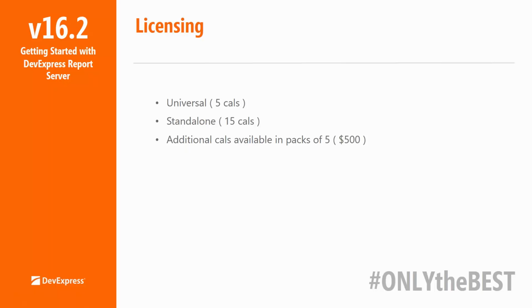Universal comes with Report Server with 5 CALs, so 5 users can be registered with Report Server and use it. Standalone Report Server, if you purchase that, say you're a consulting company and you produce an application or a system for your customer, then your customer, if he's going to be using Report Server to get at reports and to schedule reports and so on and so forth, will require a standalone license of Report Server.